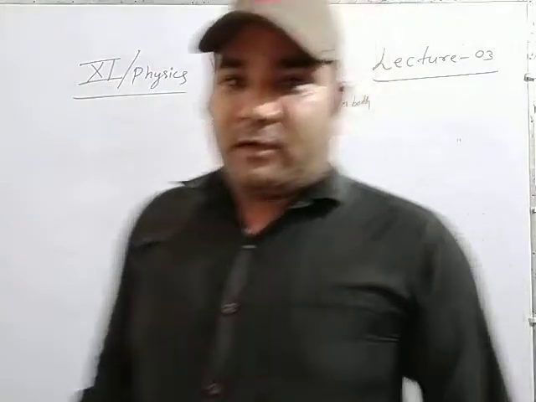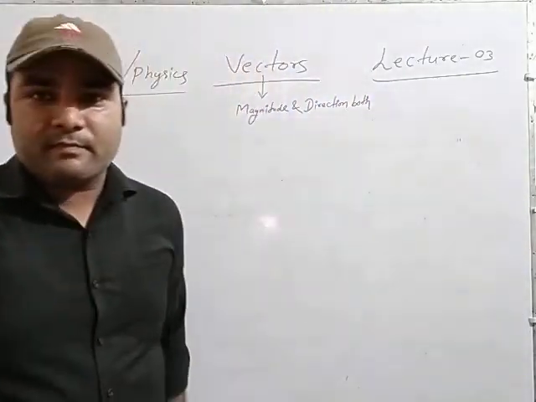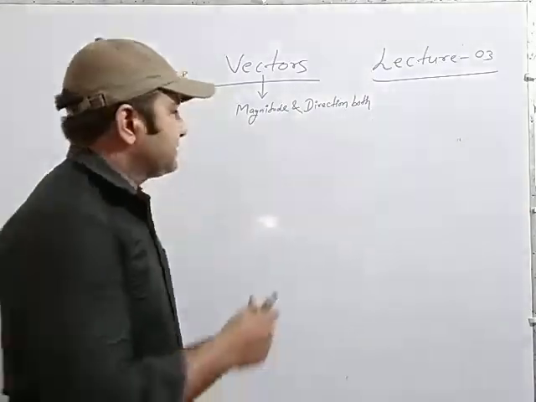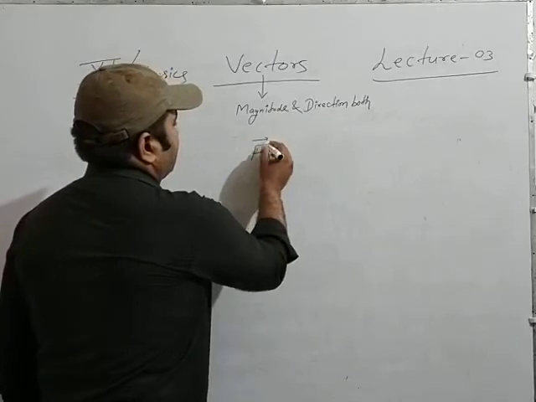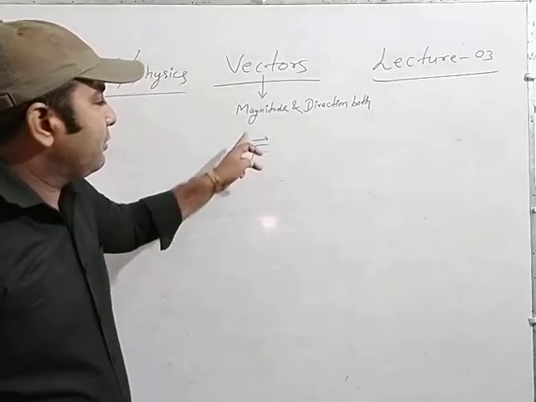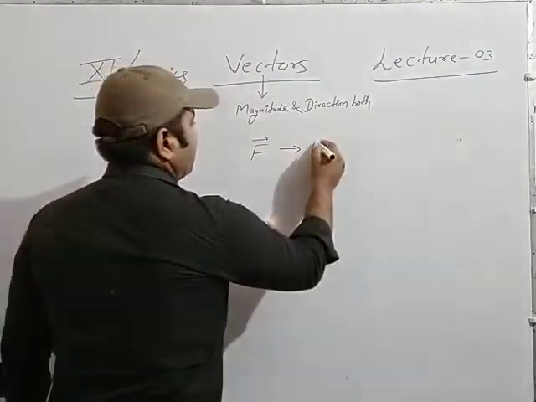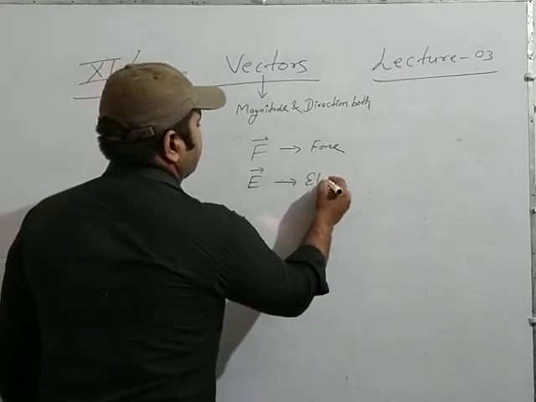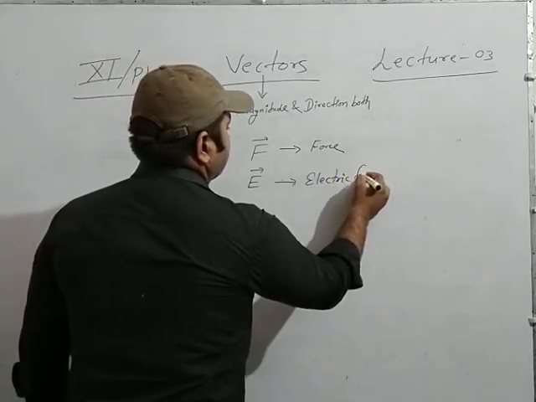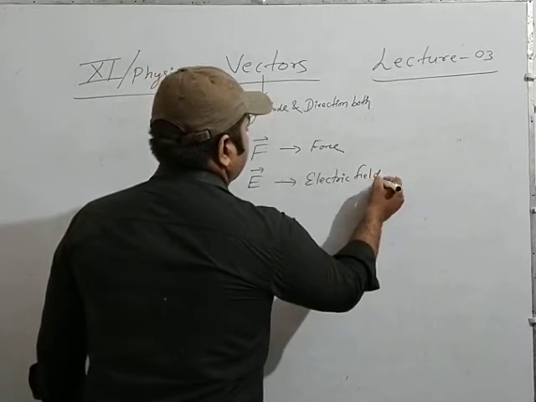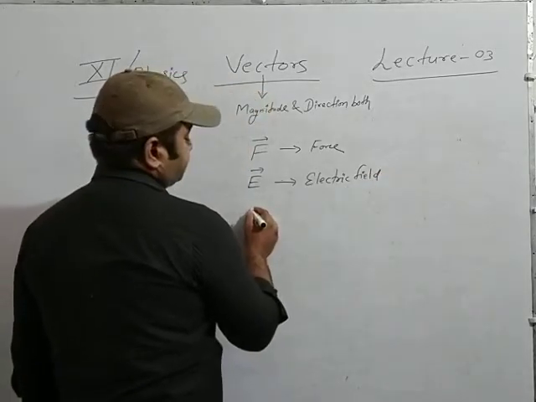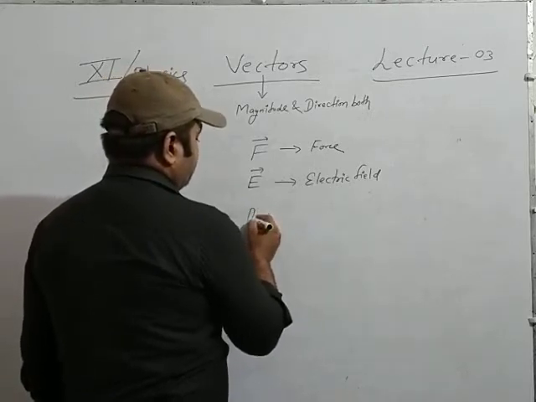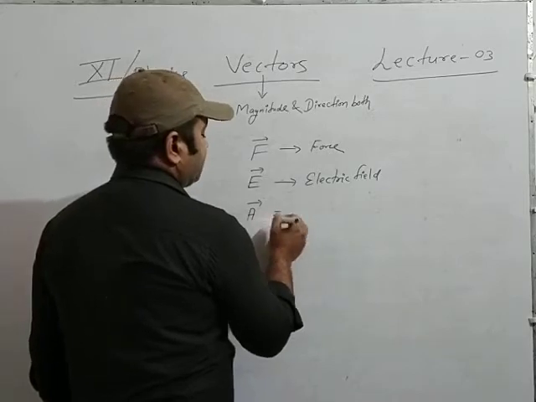But for representing vectors, we have to use an alphabet with an arrowhead, just like force, representing F with an arrowhead on it. This is representing force, and this one representing electric field, and suppose you are going to represent area vector.